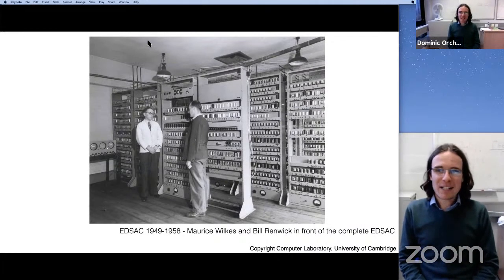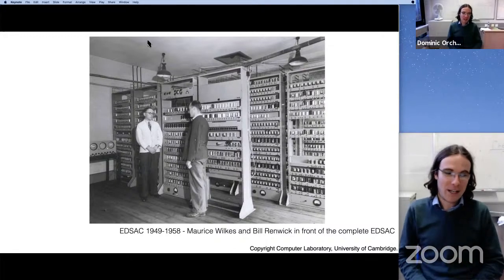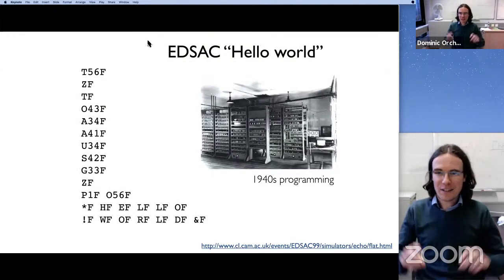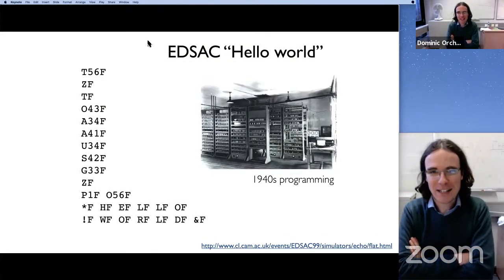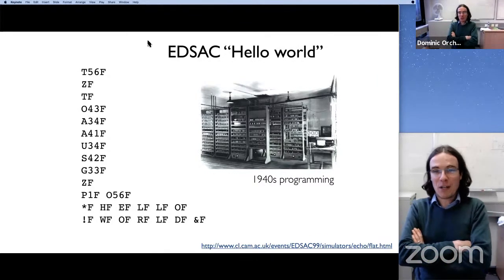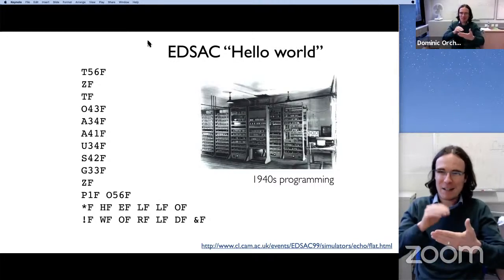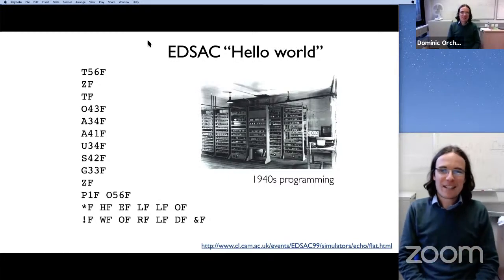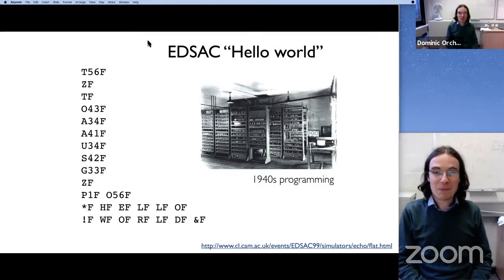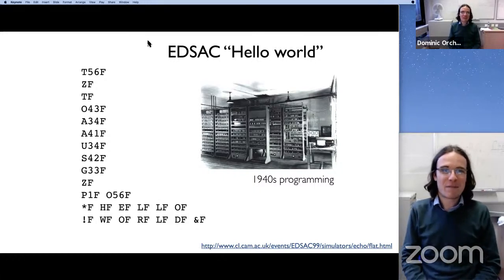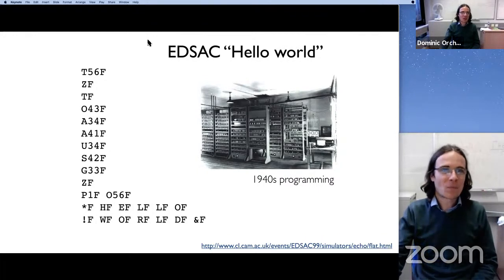It's a nice place to start with the early computers, because I can actually show you a piece of software that would have run on the EDSAC. It looks like this. This is the Hello World program for the EDSAC. So it prints out the message Hello World. And when I say print, I really mean print. It would output it on a piece of paper with little typewriter arms. Unless you know how to read EDSAC machine code, this isn't going to mean very much to us, I don't think.